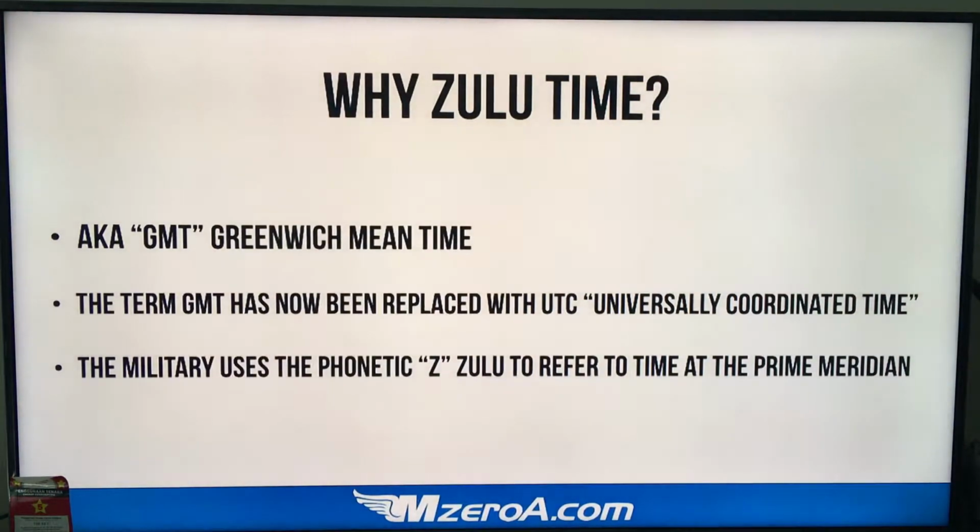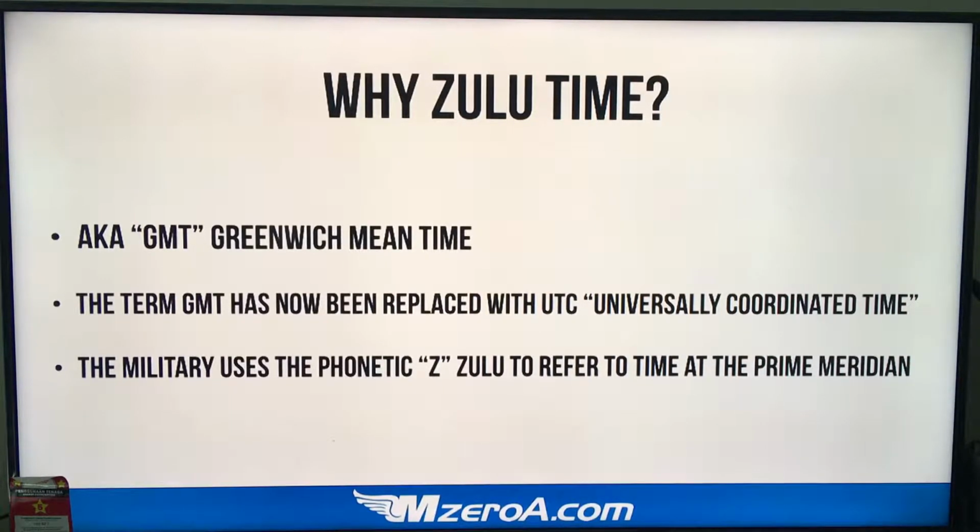Zulu time is a difficult topic to understand, but before we get into that, I do want to share a little bit about the history of Zulu time and why we actually use it. So, why Zulu time? Zulu time is also known as Greenwich Mean Time. Now, actually in the 60s, we got rid of using GMT and switched it for UTC, which is Universal Coordinated Time.